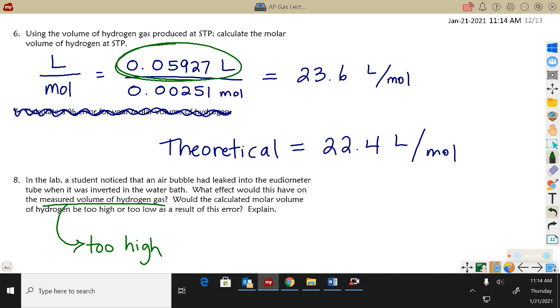That volume is still too high. So again, I would expect that the molar volume is too large. That's supposed to be the liters of hydrogen per mole, but I thought I had more hydrogen than what I really produced. So we're just going to write a sentence or two explaining how that error would affect my data. One common error would have been a little leak. It could have been from the stopper, or maybe I didn't fill it all the way with water. And even before I put the stopper in, maybe there was a little air pocket.